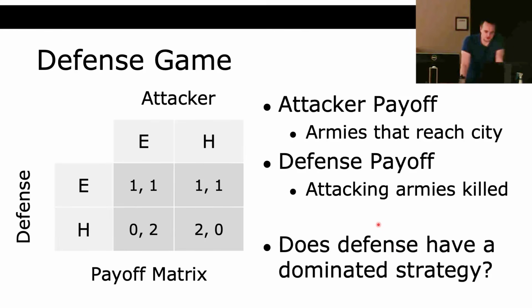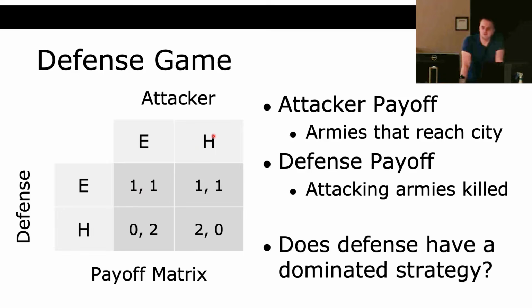So does defense have a dominated strategy? Let's look again. Let's look at the attacker. If they choose the easy path, then defense is going to get a 1 here, because they are going to kill one of the armies if they both meet at the same location. But if the attacker chooses easy, and defense chooses incorrectly, they choose hard, then they kill 0 of the armies, and that's kind of bad. So if they choose easy, our best choice is easy, right?